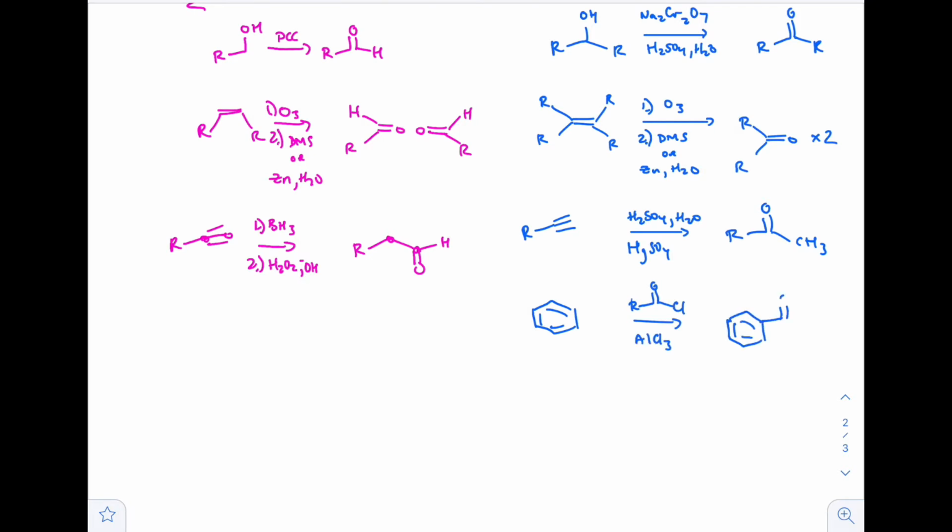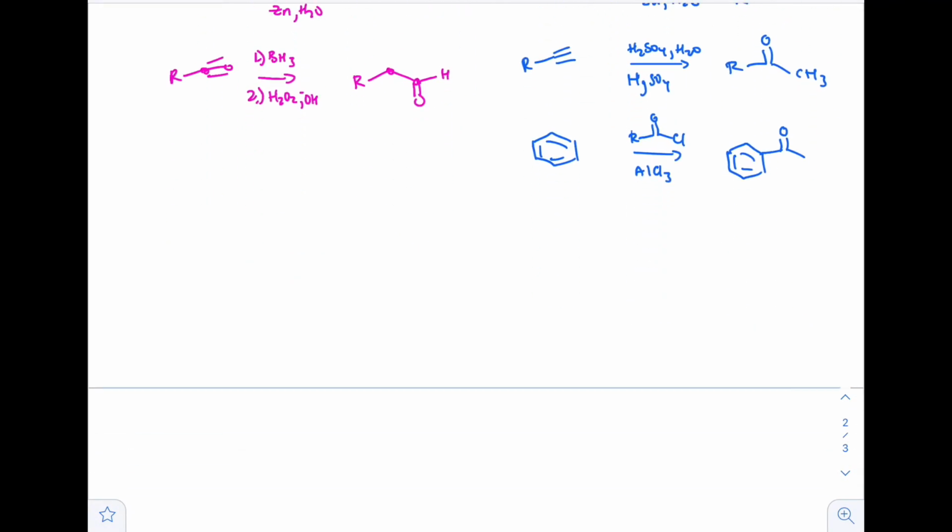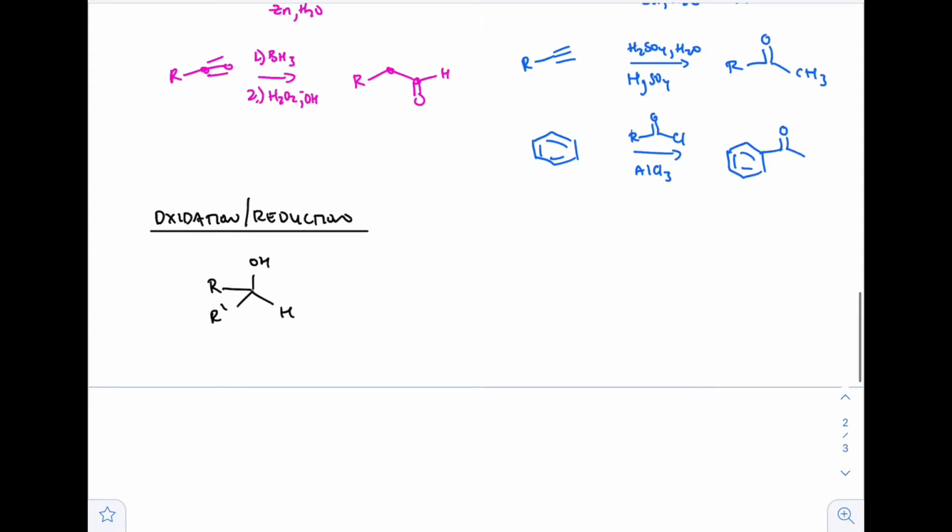A little benzene reaction, EAS, with the Friedel-Crafts acylation, get your acetophenone, sorry. Okay, so those are just some of the reactions. I might even miss some of them, who knows, but those are a good amount of reactions that we should definitely know, right? So let's talk about those redox reactions.